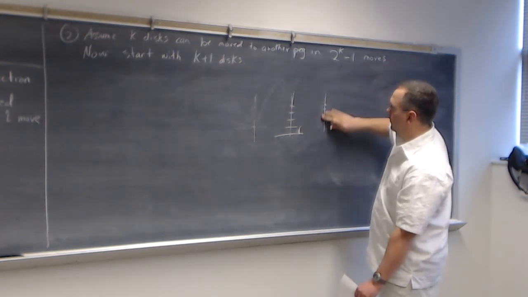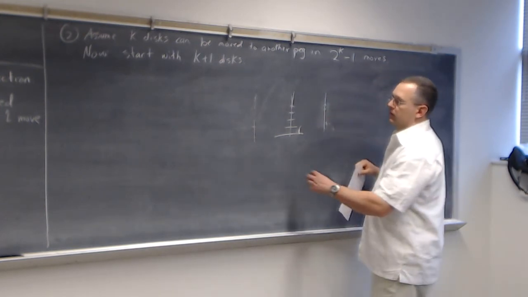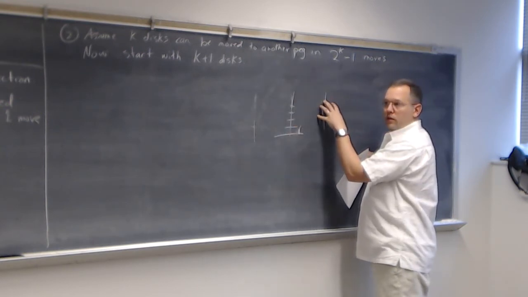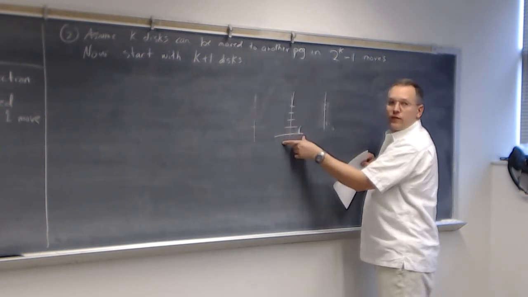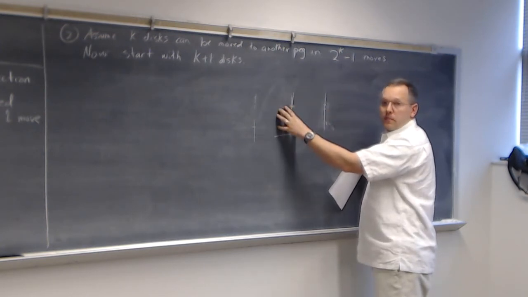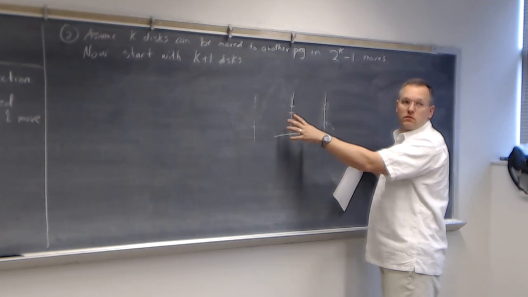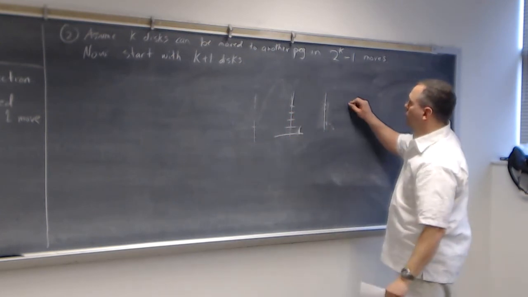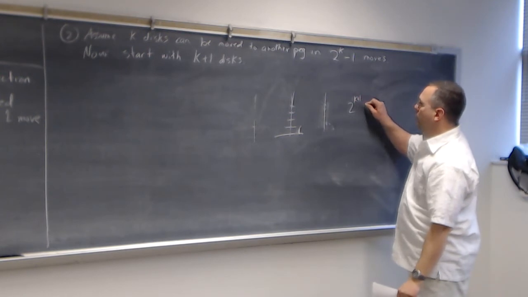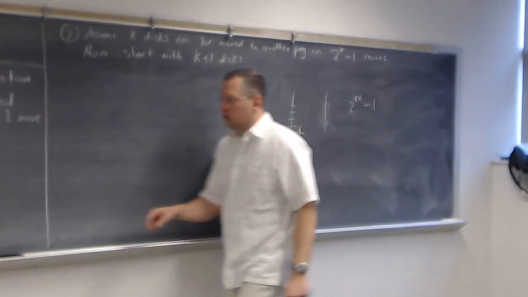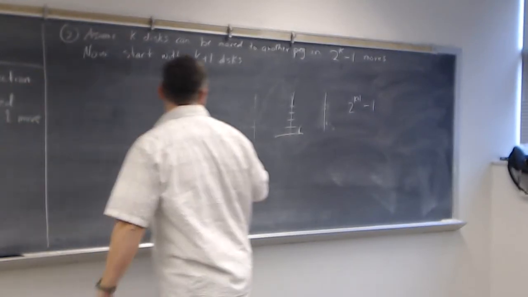So we do the quantity 2 to the k minus 1 two times. 2 to the k minus 1, one more move for the biggest disk, then 2 to the k minus 1 moves to get back to here. And that should equal 2 to the k plus 1 minus 1. So there's the outline of the proof. Let's work out all the details now.